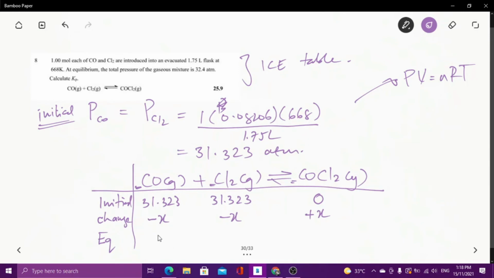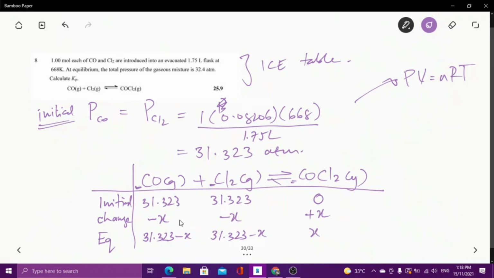So this E, at equilibrium, kita akan dapat partial pressure of CO 31.323 minus X. Yang ini pun sama juga, 31.323 minus X. Manakala untuk COCl2 kita akan dapat the value of X. Okay, so this part here settle. So kita dah dapat each partial pressure of the species at equilibrium.